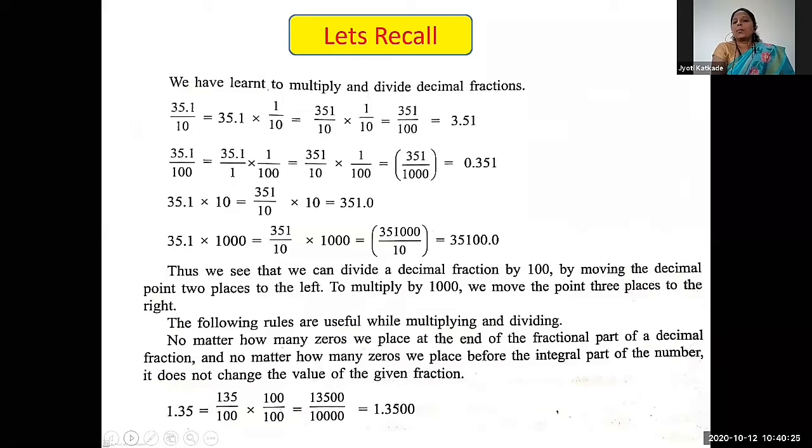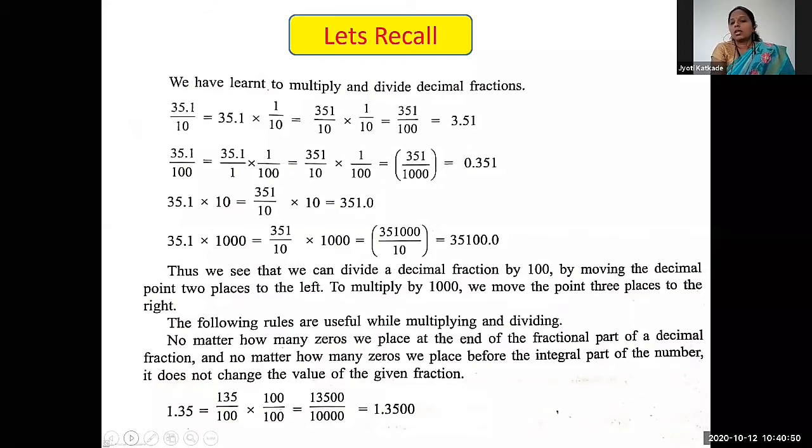Now when we multiply this value by 1000, the decimal point moves to the right by 3 digits. Means we get 35,100. If there is no number, then take 0.